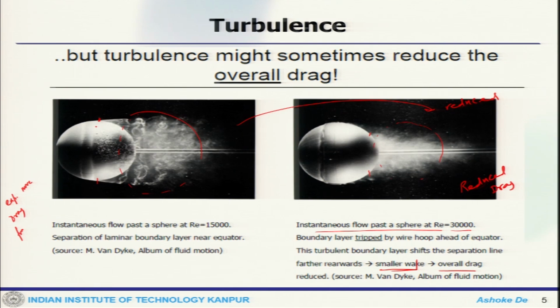So in one case it separates from here and in the other case from here. Obviously there would be an asymmetric force. These two forces will be acting in a non-equal fashion, and that will create that swing.